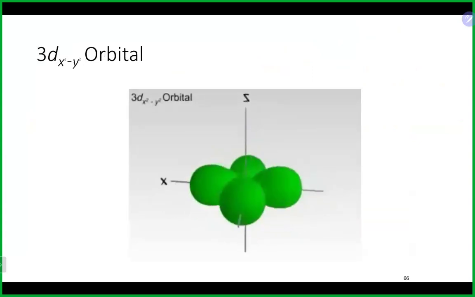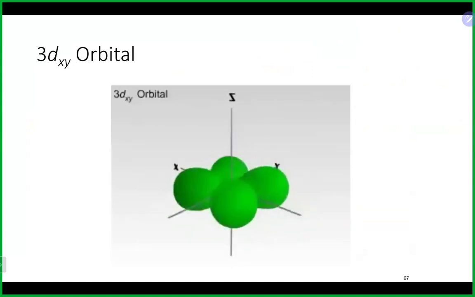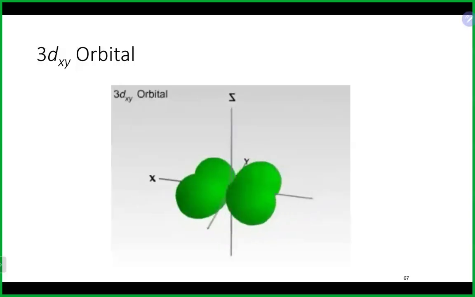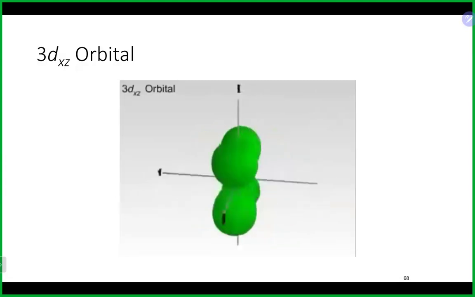The 3dx2-y2 orbital has a clover shape that lies in the xy plane and is aligned along the x and y axes. The 3dxy orbital has a cloverleaf shape that lies in the xy plane and bisects the x and y axes. The 3dxz orbital has a cloverleaf shape that lies in the xz plane and bisects the x and the z axes.